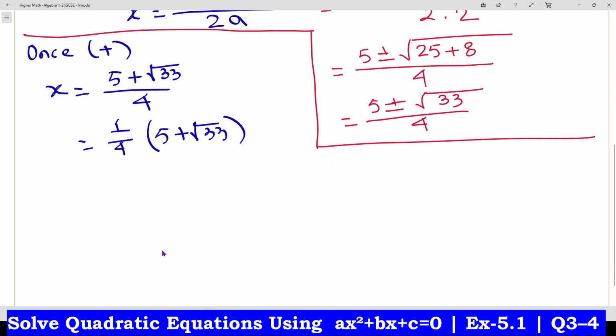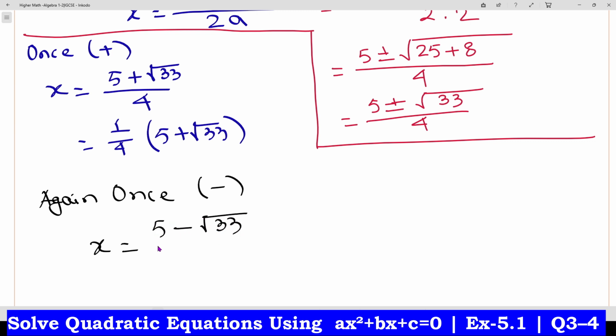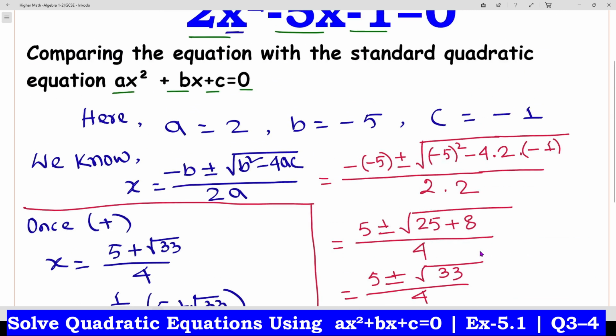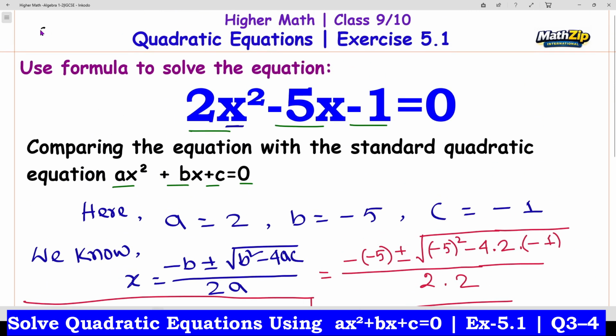That is when it's positive. Again once negative, it means x equals 5 minus root 33 divided by 4. So this one we can write 1 by 4 times 5 minus root 33. This is our answer. So question 4 is done.